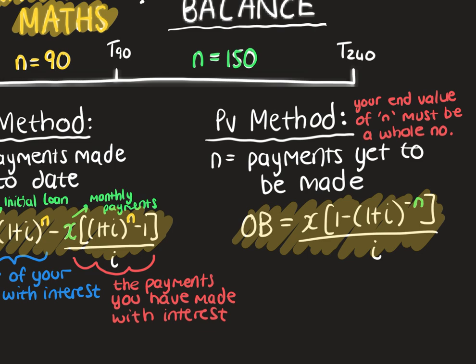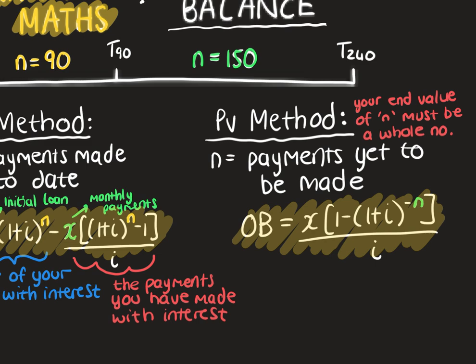There is ways of obviously storing it in your calculator and so on and so forth, but I'm trying to make it easier for everyone who doesn't know how to store on calculators, that your future value method will always be your method that will work for every scenario, and then your present value method will work if your end value is indeed a whole number.